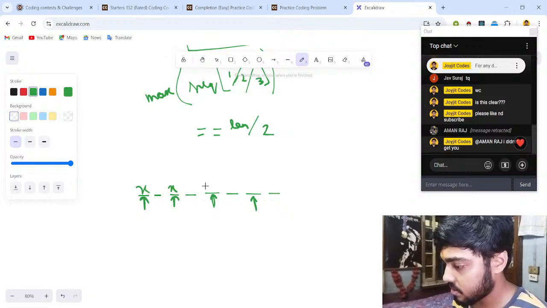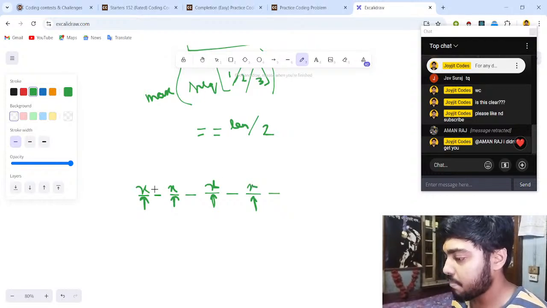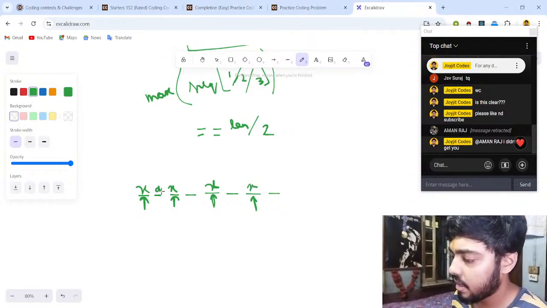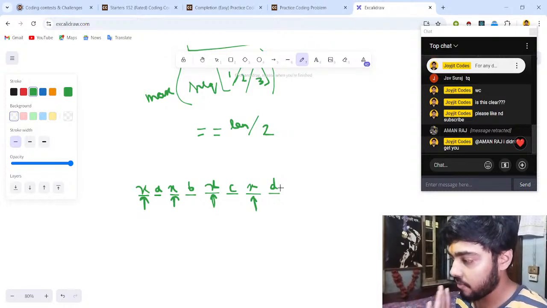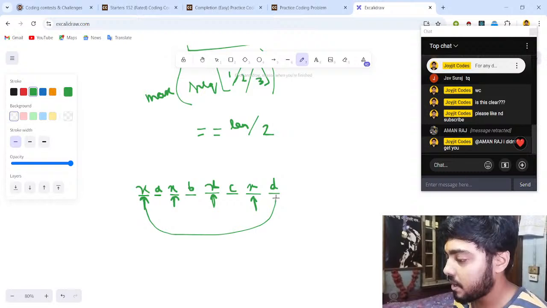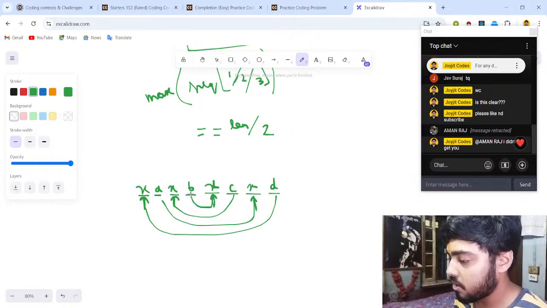For the remaining positions it may be A, B, C, D, we don't know, but none of them is equal to X, we know this clearly. Now we can say that X gets compared to D, this X gets compared to A, this X gets compared to C, and this X gets compared to B.